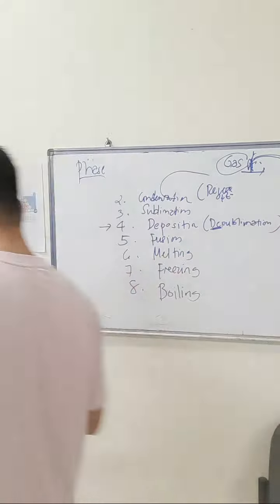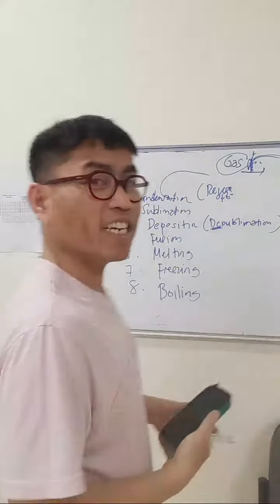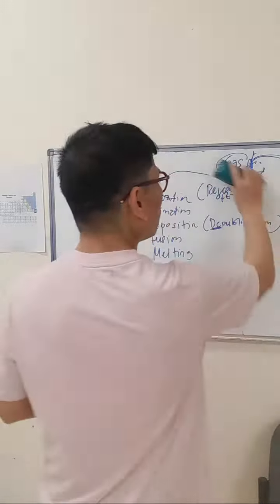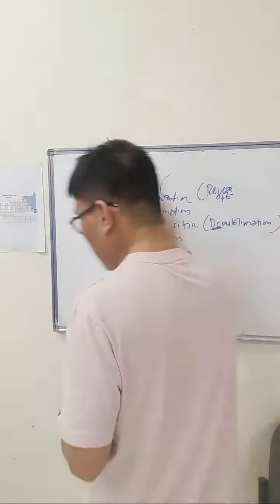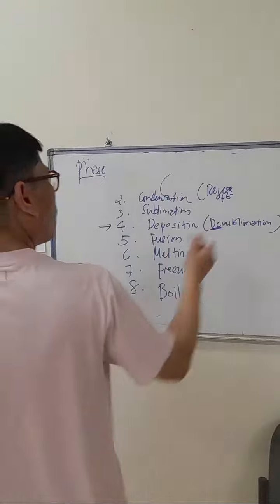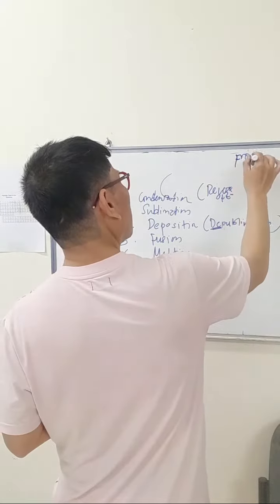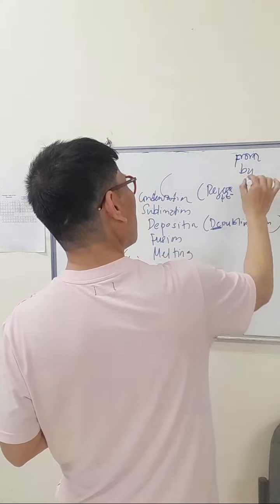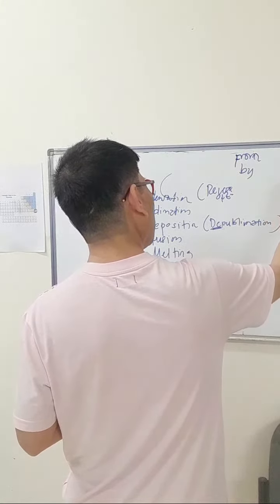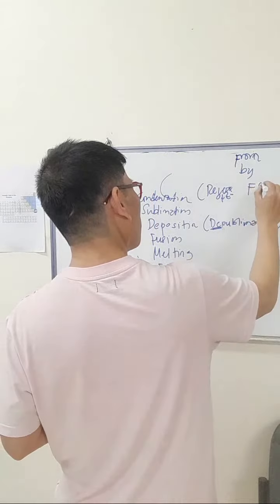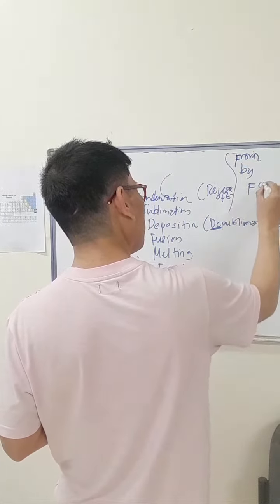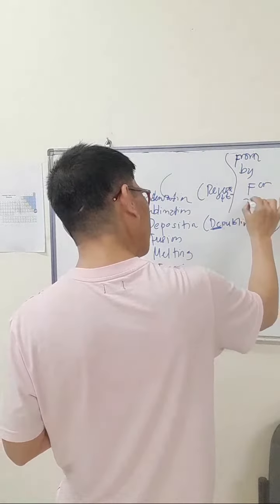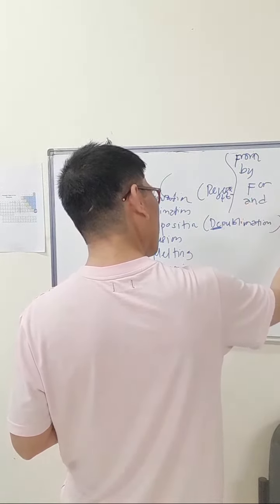Now, I need to teach you the prepositions in English. Prepositions and conjunctions, because this is very important in understanding the phase change. The words: from, to, by, when, for, but, and, or, like this.